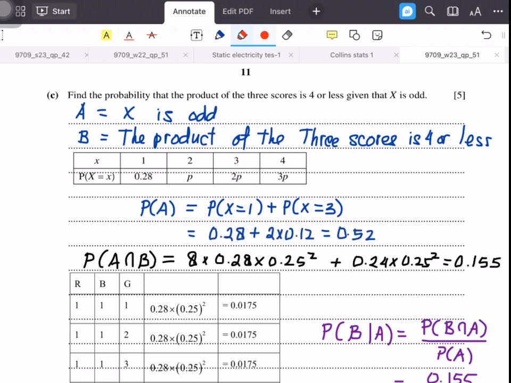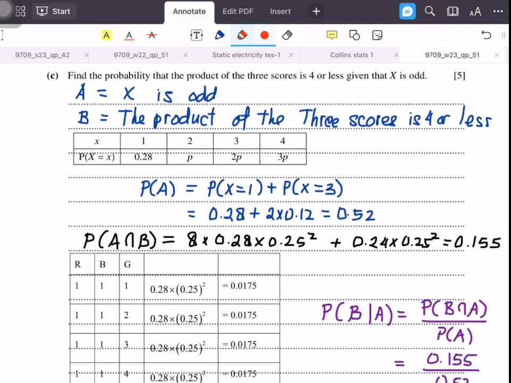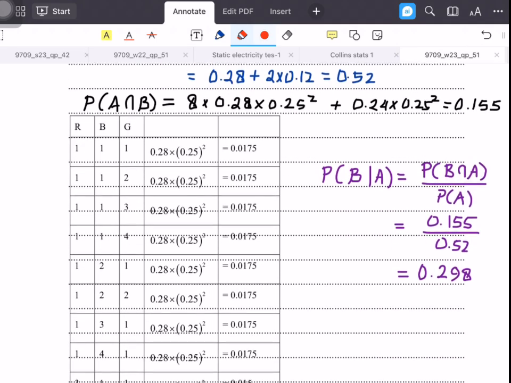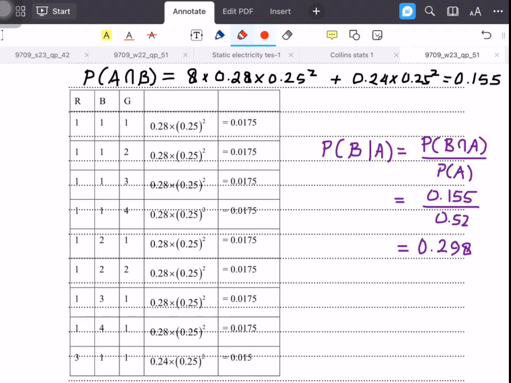And then we need also to find P(A and B). For P(A and B), we have several scenarios. In this table, R represents the red spinner, B the blue spinner, and G the green spinner.